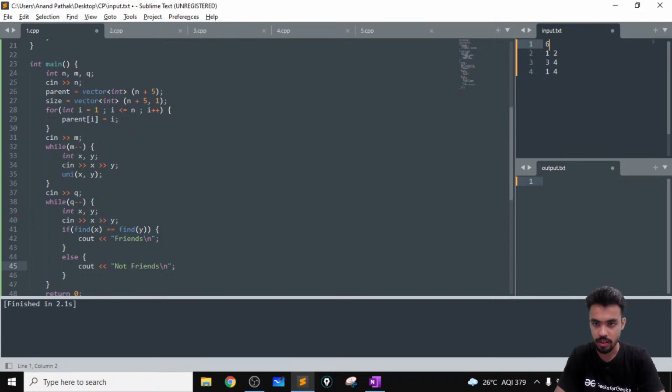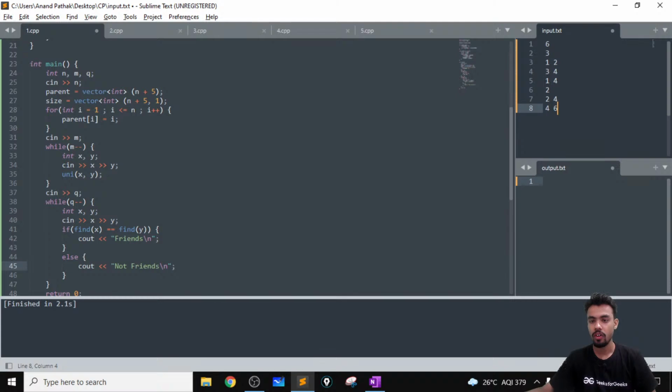So suppose we are having 3 inputs, and then suppose we are asking for 2 queries. Now, are 2 and 4 friends of each other or not, or, say, are 4 and 6 friends of each other or not.